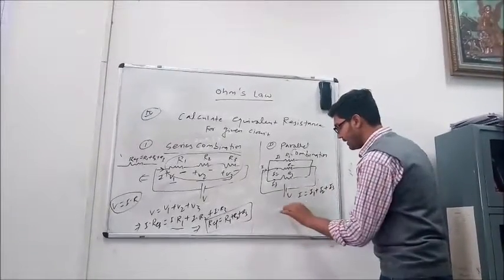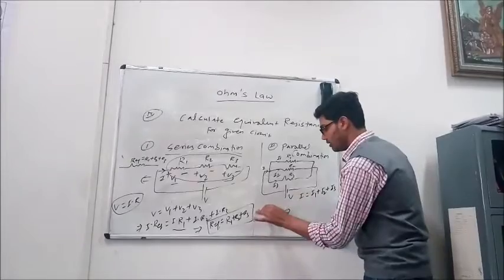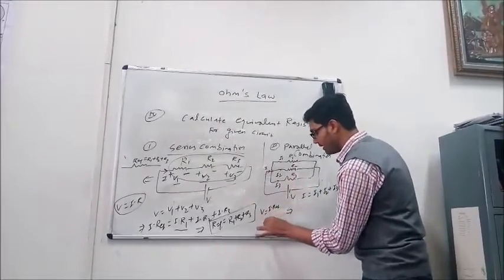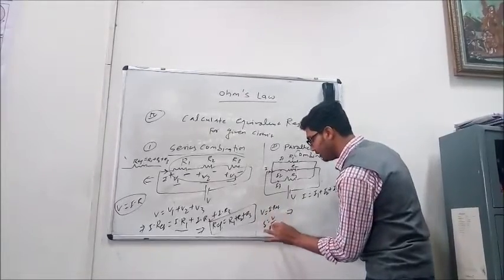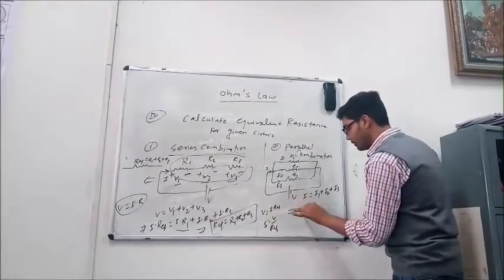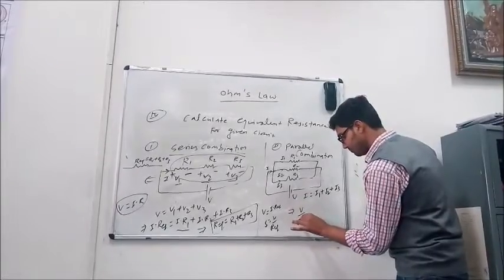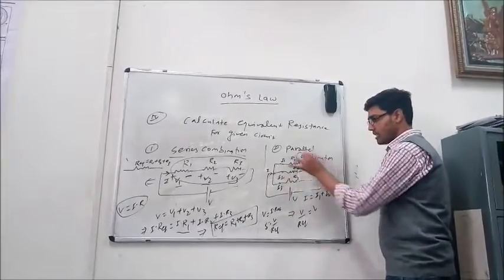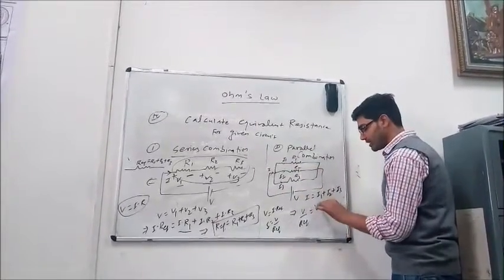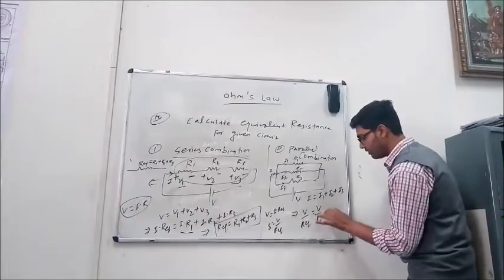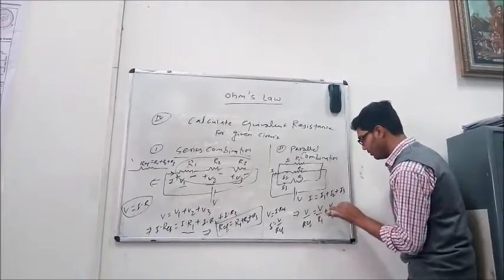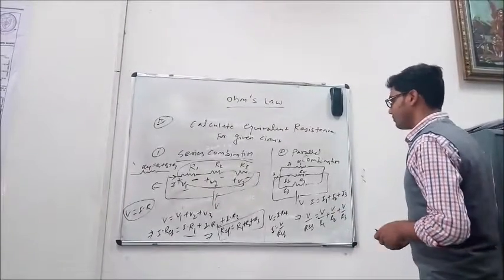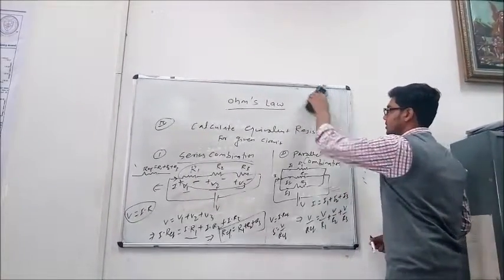So if you want to write I, according to Ohm's law, we can write I into R equivalent. So in place of I, we can write V upon R equivalent. In the similar way, because across every resistance the same amount of voltage is there, we have V upon R1, V upon R2, V upon R3.